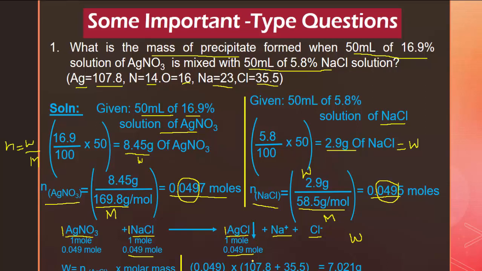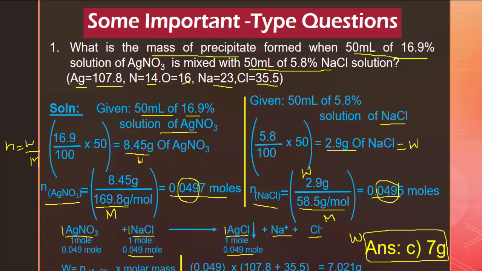The number of moles of AgCl, as we know, is 0.049 into the mass of AgCl, which is 107.8 of silver plus Cl 35.5. When we add this and simplify, we get the value as 7.021 gram. So the answer is option C, that is 7 grams. That is how we arrive at this answer.